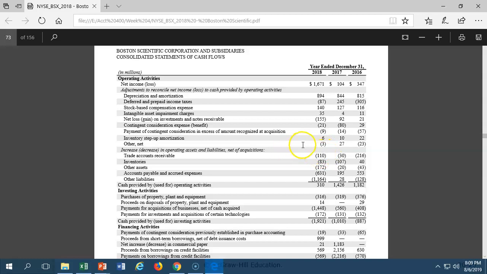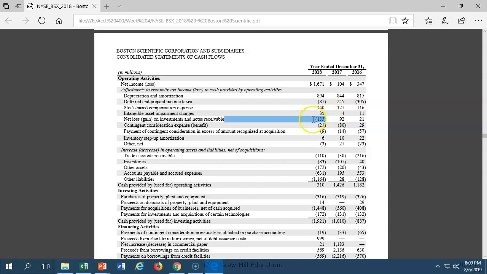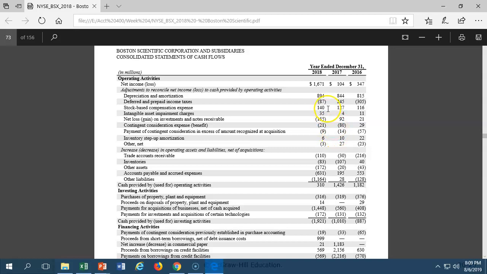All right, so when they write net loss and then gain is in parentheses, does that mean the 155 is a gain? It's increasing the loss. So you have net income, and then they're subtracting out 155 from the net income.